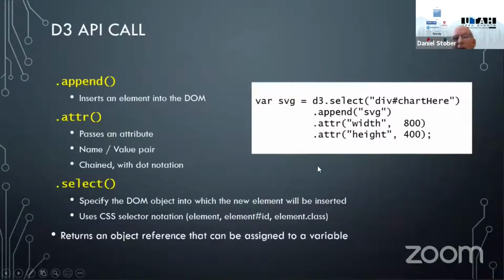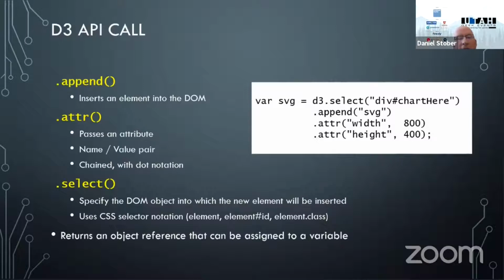So let's take a look at this particular section of the code that's actually inserting the SVG into the div tag, and we can see some pieces of the D3 API that we'll see an awful lot. So let's talk about each one of these.